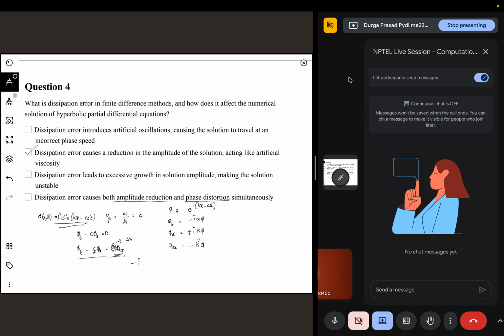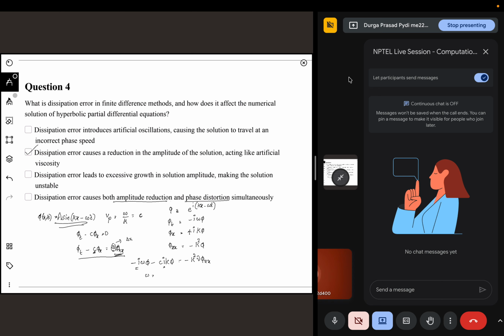So phi t is something like minus omega times phi, and this would essentially mean that the imaginary quantities have to be zero.